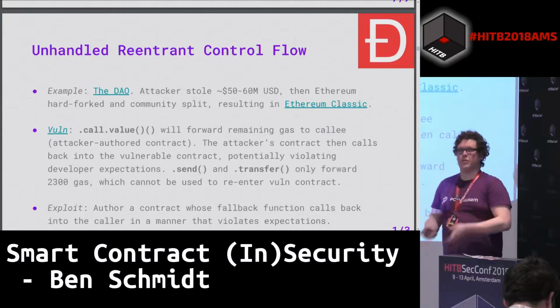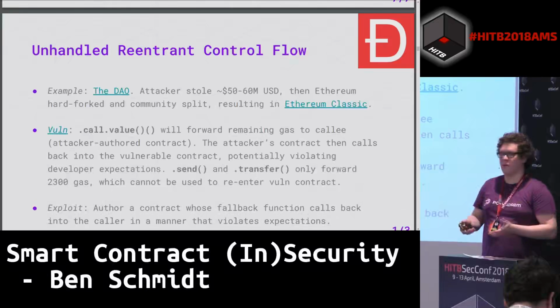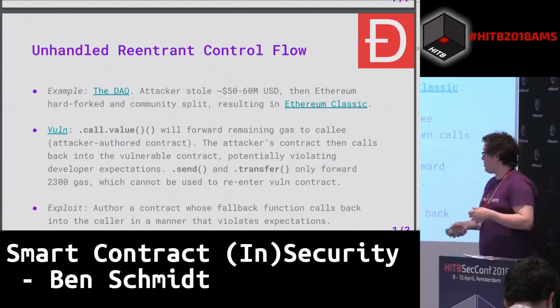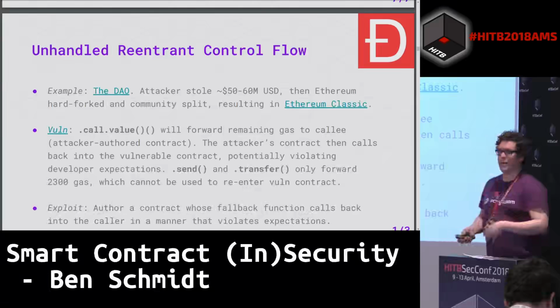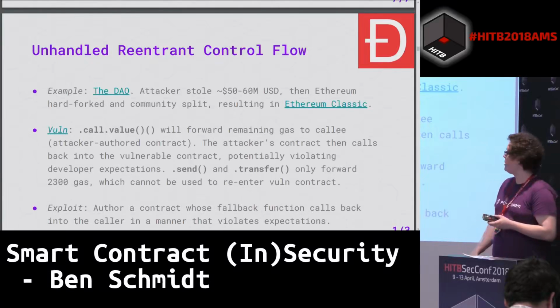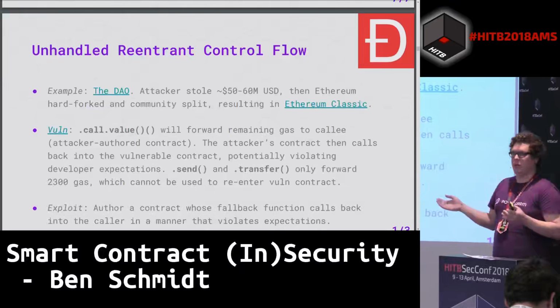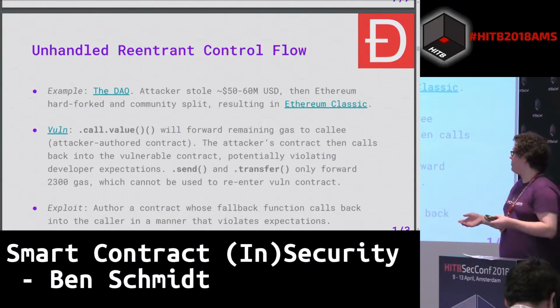So if you remember earlier, there's fallback functions that you can implement that actually do things whenever you're sent funds, even if there's no function being called, even regardless of what's happening. So if you call something with .call.value, it actually forwards the remaining gas that you're using to execute this contract, and it allows that fallback function to execute arbitrary code that an attacker might specify.